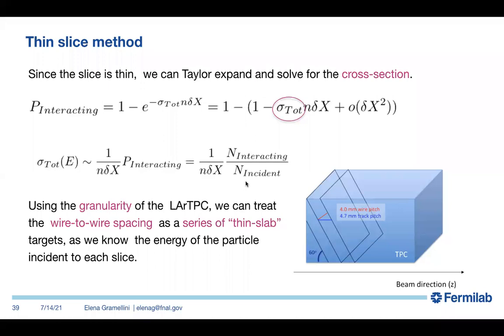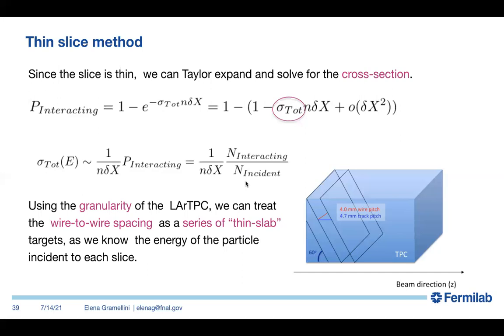Now, LARIAT was a small target, but it wasn't a thin target experiment. The pion interaction length is about 50 centimeters, and LARIAT was 90 centimeters. But what we do is we don't think about LARIAT as one slice, but we think about the granularity of the measurement as a series of thin slabs.